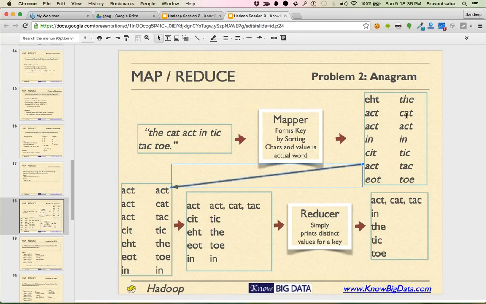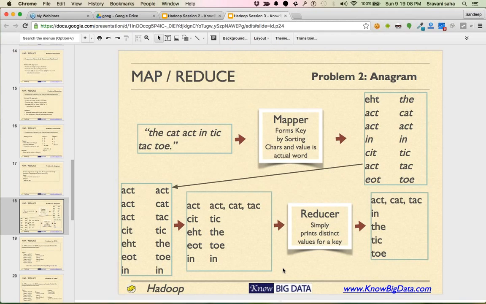Now you can see that for cat, act, and tech, the key is ACT. Therefore, when Hadoop groups it, the key will be ACT and these original words will come together. As we already talked about, Hadoop sorts your data by the key and then groups the data by the key.